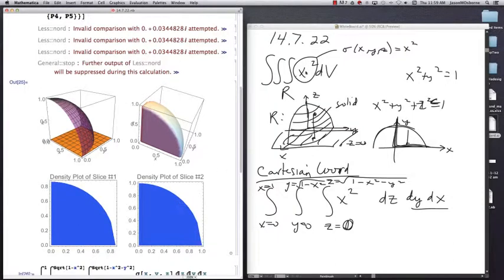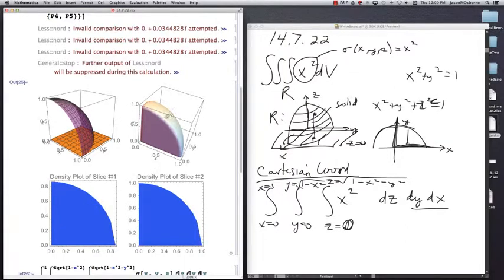Because the density has no y's and z's, when you take x equal to 0, you have a density function that doesn't change in the yz plane. When you take another slice at 0.5, you get another one of these little semicircular wedges. The density there is constant because x is 0.5, so the density everywhere in this slice is 1/4.